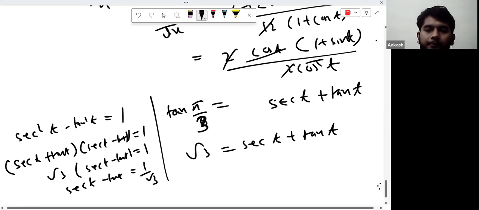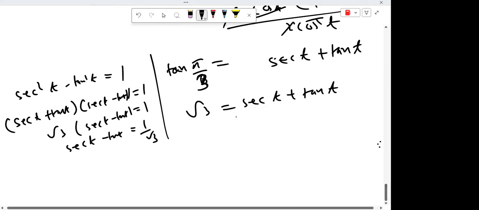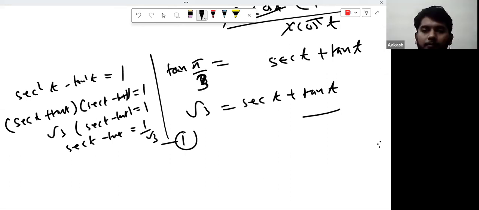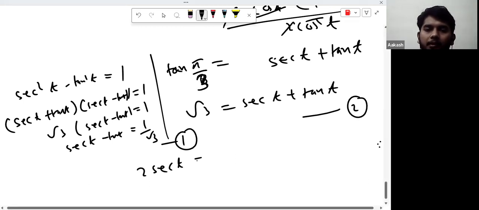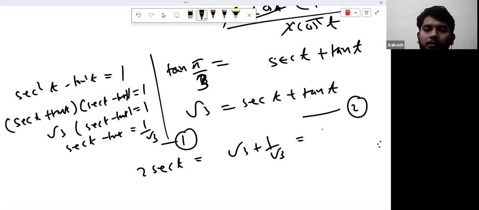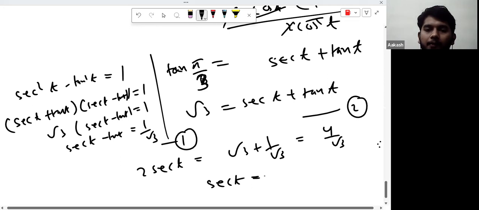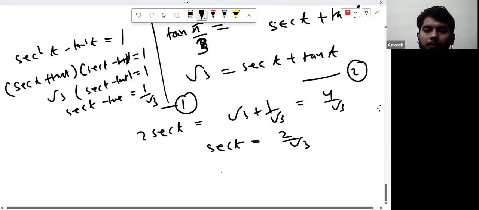Now if you add these two equations, we'll get 2 sec t is equal to root 3 plus 1 by root 3. So this is 4 by root 3. So sec t will be 2 by root 3.